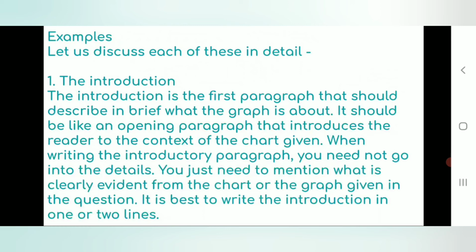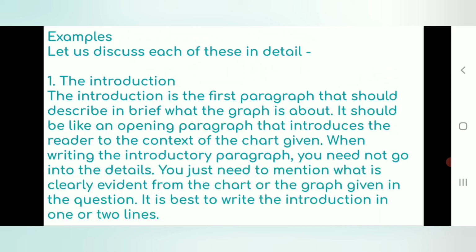So now I'll be telling you examples. If you discuss each of these in detail, the first I told you is the introduction. In this introduction, you are going to write the first paragraph, and it should brief what the graph is about. I have been telling you, it should be like an opening paragraph that introduces the reader to the context of the chart given, children.